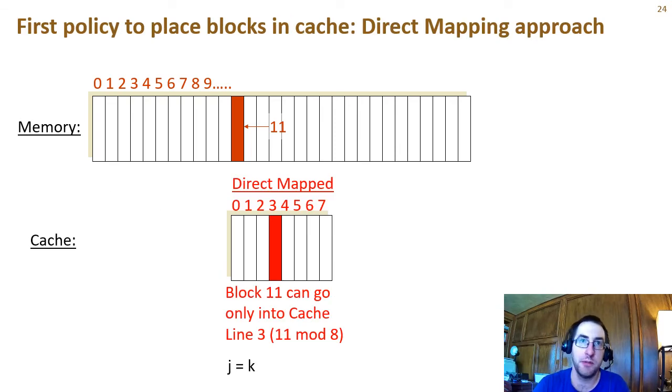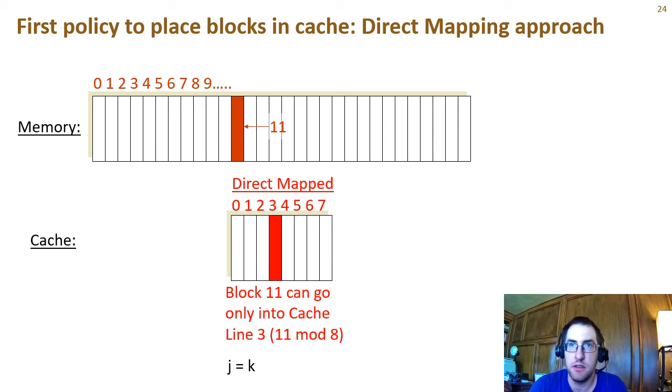So the first approach that we're going to look at is the direct mapped approach. And the idea here is to basically rotate addresses of memory through the cache. So we have 8 blocks in the cache, and so we look at the blocks in memory. We'll map block 0, 1, 2, 3, 4, 5, 6, 7 directly to 0, 1, 2, 3, 4, 5, 6, 7.